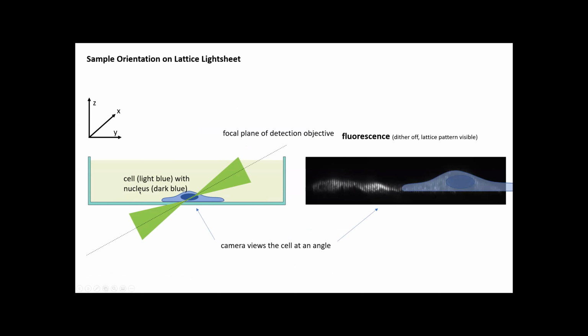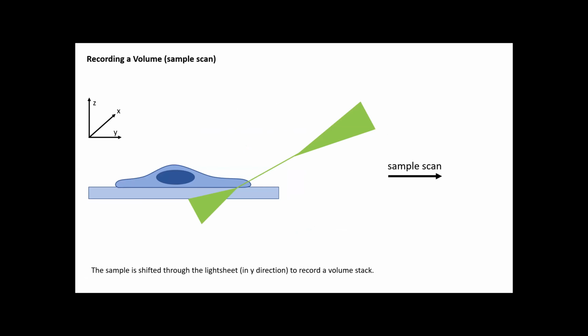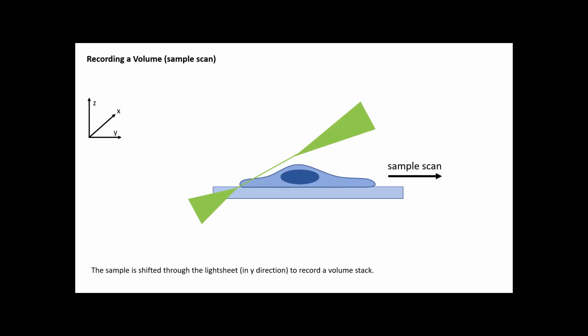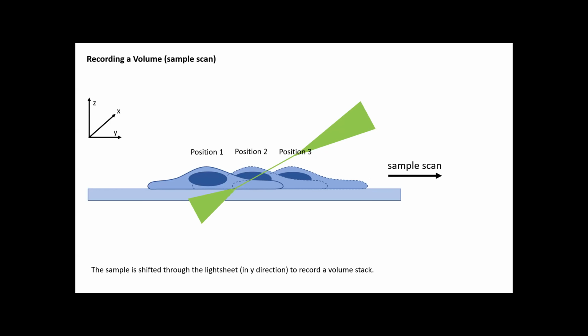And by translating the stage, the cell, relative to that fixed light sheet section, we are able to image an extremely fast, continuous Z-stack through a cell or through a sample. So the sample scan is done by the stage. In fact, it moves in the Y direction, so to speak.